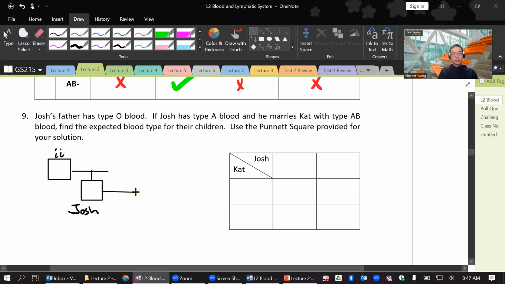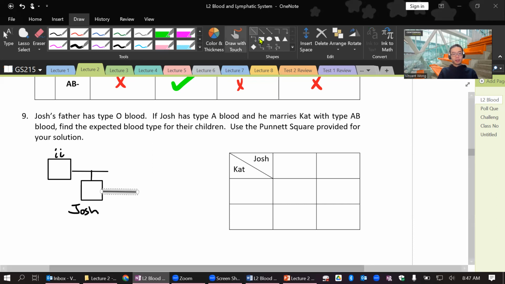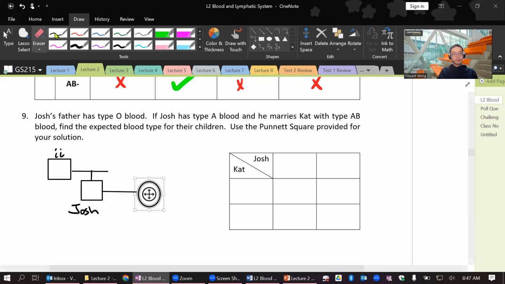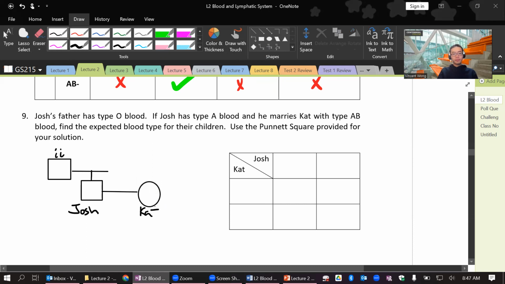Josh is going to marry Kat. And Kat has AB blood, which means she is IA-IB. And Josh has type A blood. So he's either IA-IA or IA small i, right?